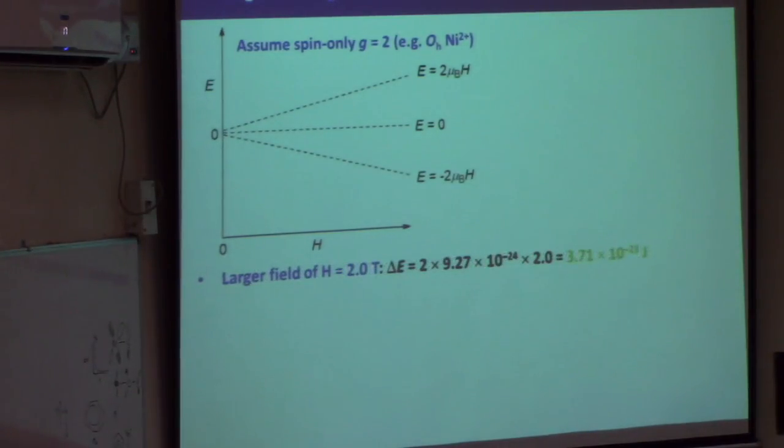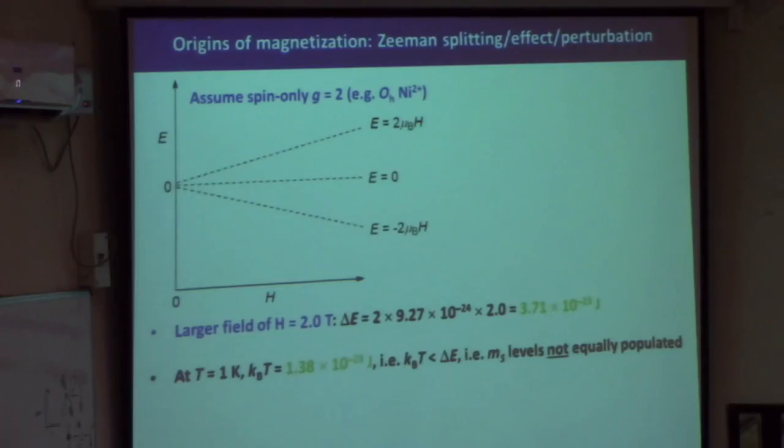What about when we move to a much larger field? So now we've gone up by a factor of 20 compared to the energy separation. What we've done in our diagram here is move from somewhere in this position maybe to somewhere over here. So the energy gaps are getting larger, and that clearly has implications for the relative populations of the three levels.